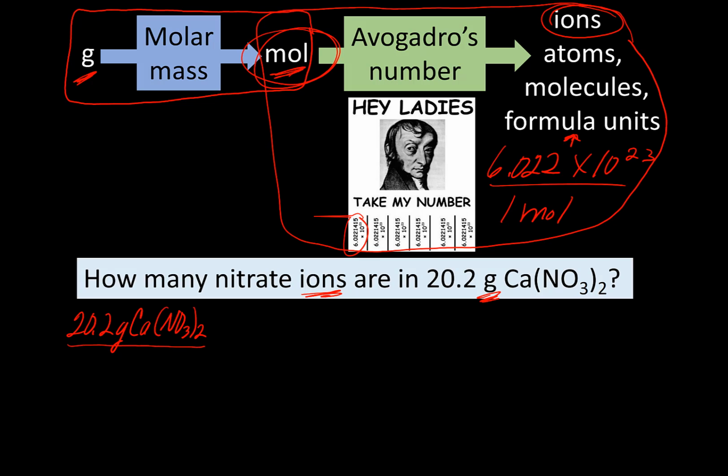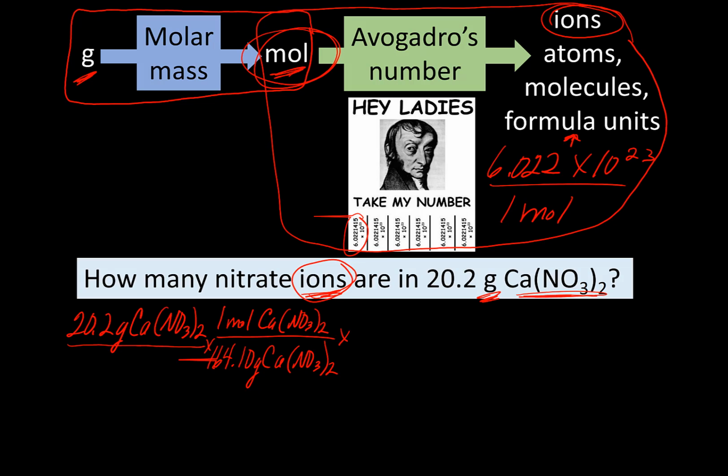So the first thing you're going to want to do is convert grams to moles using that, again, molar mass that you determined. In 1 mole of calcium nitrate. And then you want to move toward ions.